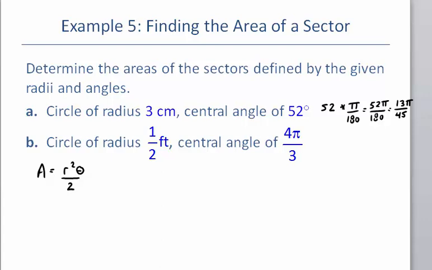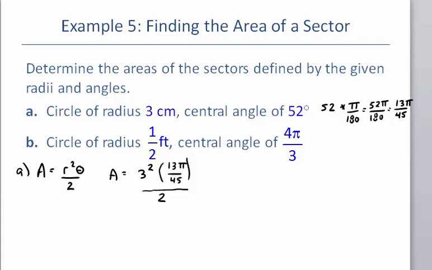So when we go to our area formula for part A, we're going to plug in a radius of 3 centimeters, so it will be 3 squared according to our formula. We're going to multiply that by our angle, which is 13 pi over 45. And we're going to divide by 2.